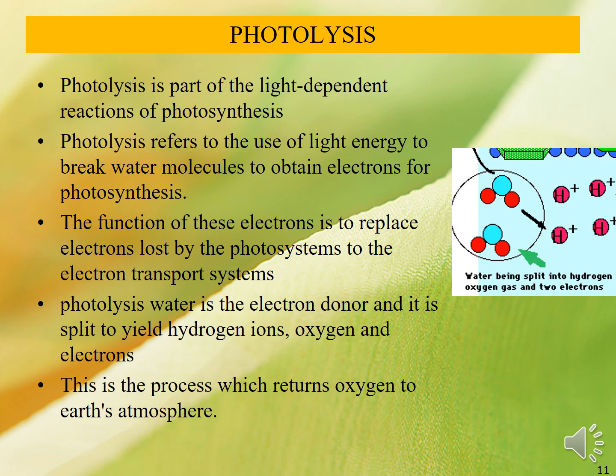So the function of photolysis is to replace the electron that passes from the photosystem to the electron transport chain. In different terms, water is the electron donor, because it donates the electron from the splitting of the water, along with the hydrogen ion and also the oxygen. This process is also how oxygen returns to our atmosphere.